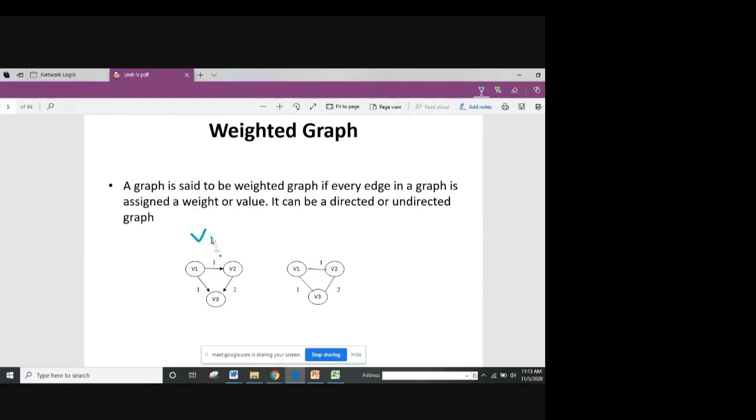This is applicable for a directed graph. But in this graph, both V1 to V2 is 1 and V2 to V1 is also 1. So this is a directed graph, and this is an undirected graph with weights. Weights are assigned, or in some problems they give it as cost.